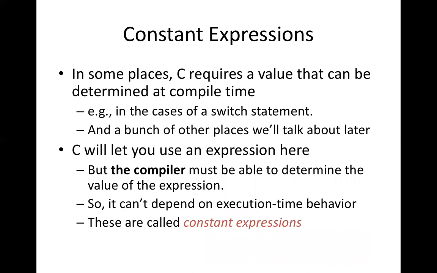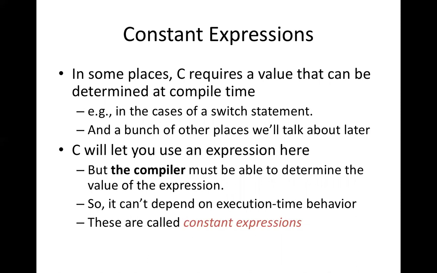Talking about expressions, there's a special type of expression in C called a constant expression. Sometimes I call this a compile time constant. And that just means the expression has a value that the compiler can figure out before it even runs your program. So an obvious example is an expression that was just the number 3.